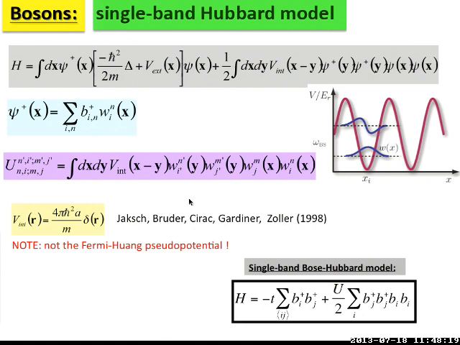In principle, if you do this expansion, you would have a huge number of interaction parameters, which you obtain by inserting this expansion into the interaction term. You will have a huge number of parameters labeled by 8 indices: 4 are lattice indices, and the other 4 are band indices.